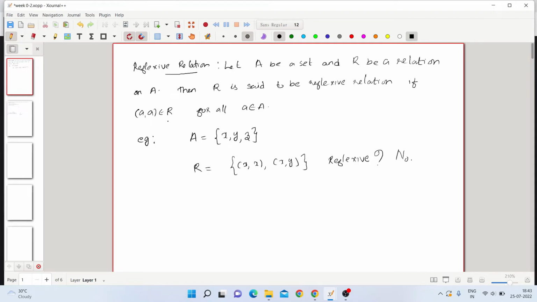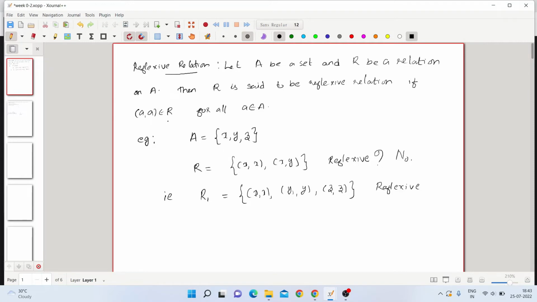That is, these three elements are the minimum required in a reflexive relation. So if we add one or two more elements in R1, say (x, y) and (x, z) and so on, then also it will remain a reflexive relation, because the only condition is that we need (a, a) should be in R for all a in A. That is satisfied in R1. So R1 is a reflexive relation.